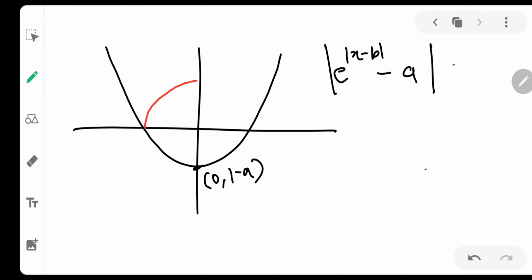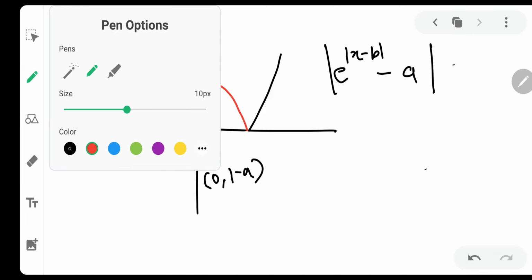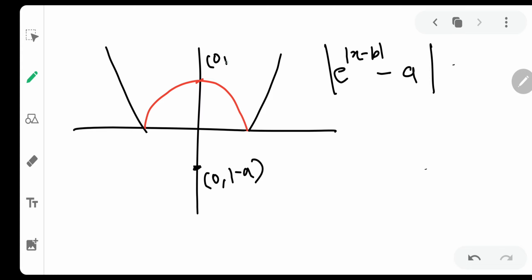Same thing should be flipped. Now what we are actually doing is we are making the negative y coordinates positive. So first of all let us understand that this has to be rubbed. So let us rub this. Now we have made the y coordinate positive. It means what? It means 0 comma this 1 minus a will turn into a minus 1. This will be it, because we have done the y coordinate to be positive.